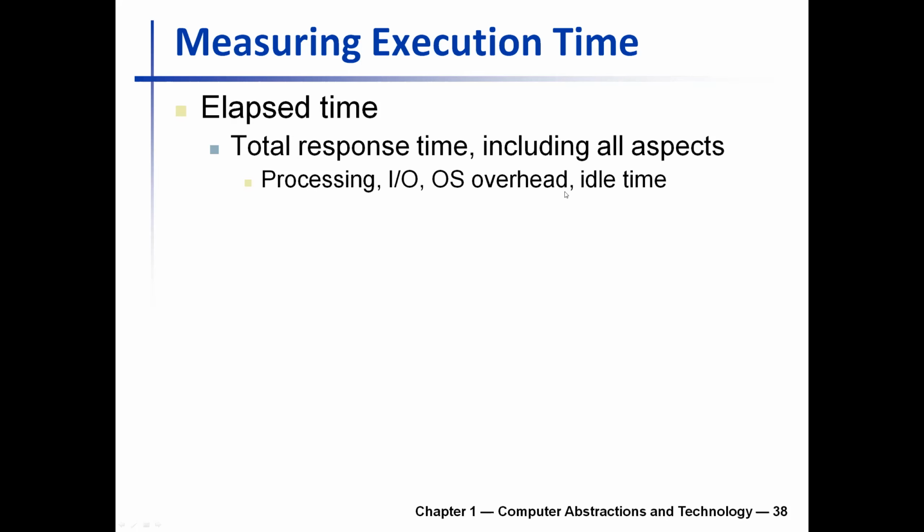So those programs will take time, and sometimes programs need to wait until some other programs complete. So there will be idle times as well when we take elapsed time for a certain task, right? When you run a program, all of these elements will be there in that total elapsed time. So this is good to determine the overall performance of the system, right?